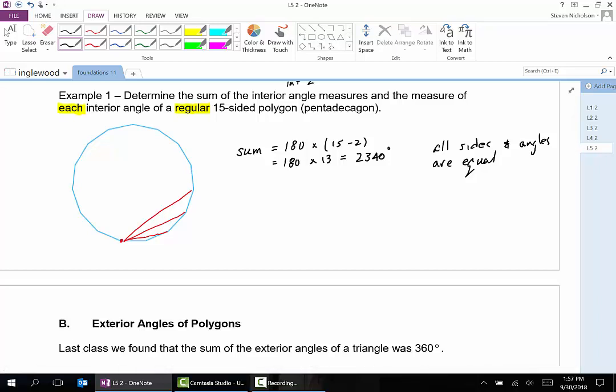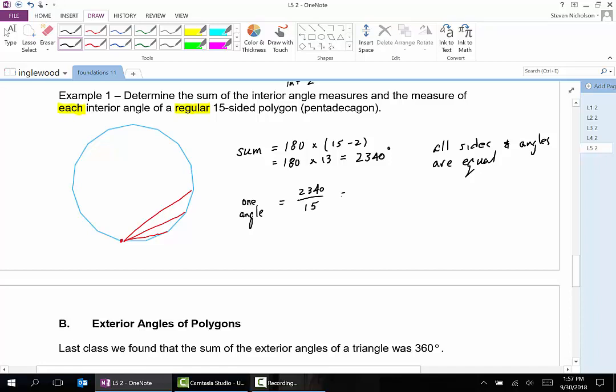An equilateral triangle is a regular triangle: 3 angles of 60 degrees and all 3 sides are equal. So if we know the sum of all the angles, to figure out one interior angle, that's equal to the total divided by how many?